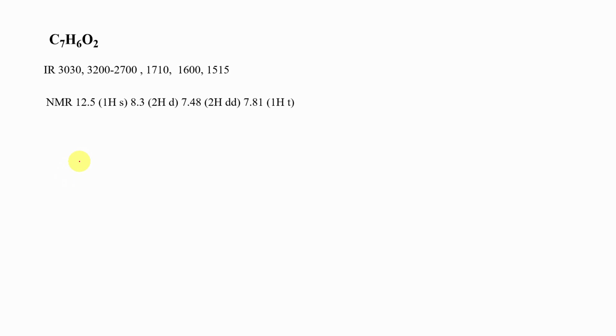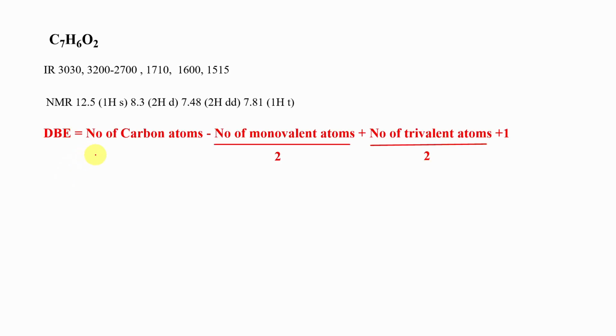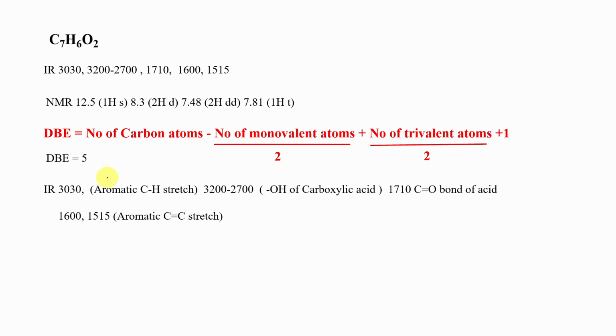First of all, as in the previous case, we have to calculate the double bond equivalence. For this molecule, it will be 5. This indicates a benzene ring and another pi bond in the molecule. The IR value 3030 indicates aromatic carbon hydrogen stretch, while 3200 to 2700 is the broad band given by the hydroxyl group of the carboxylic acid, which is usually concentrated at around 2500 cm⁻¹.